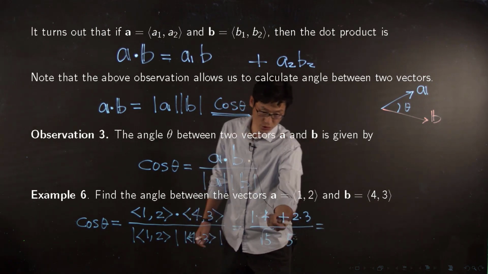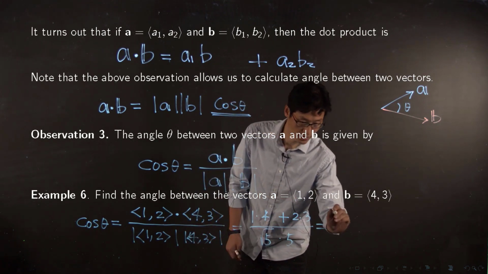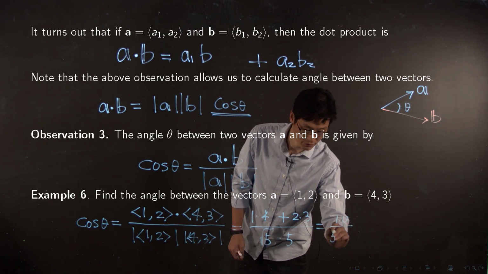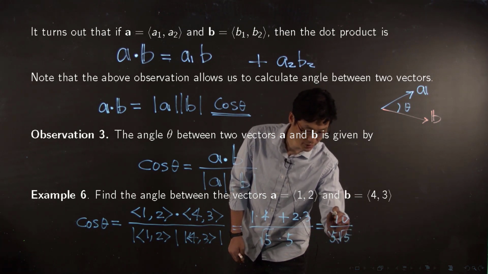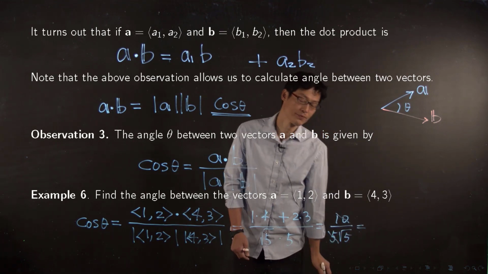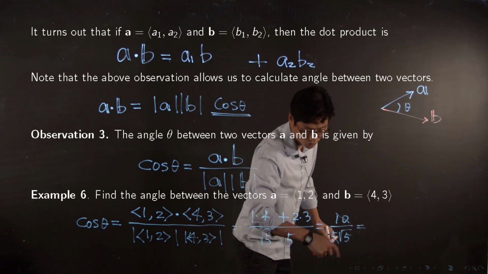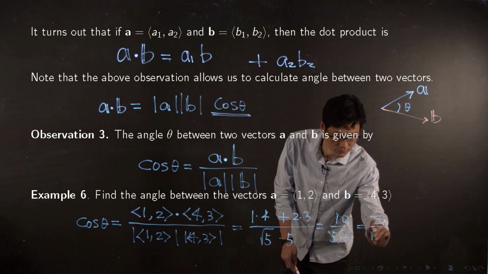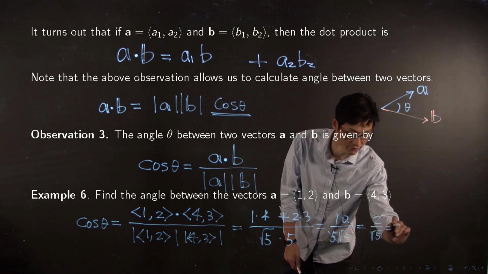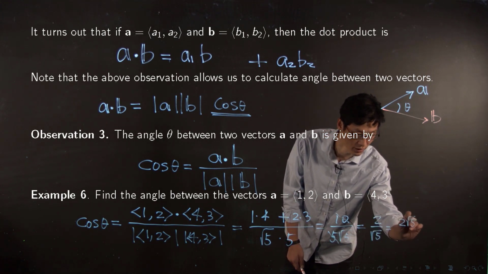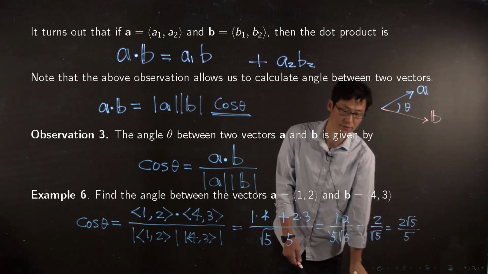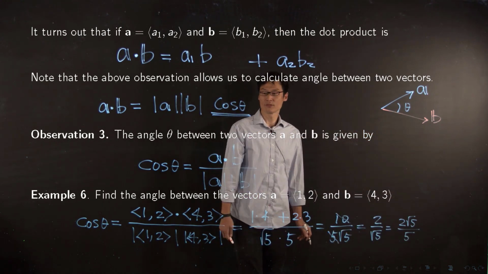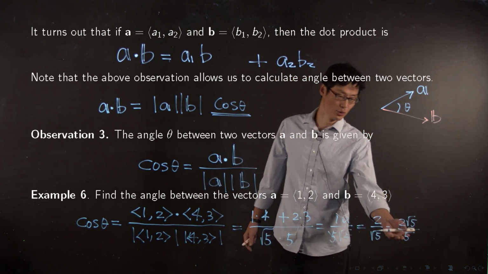So if we add 4 and 6, we have 10 over 5 square root 5. After simplifying, you can also rationalize. So we have 2 square root 5 over 5. So we have the cosine value.